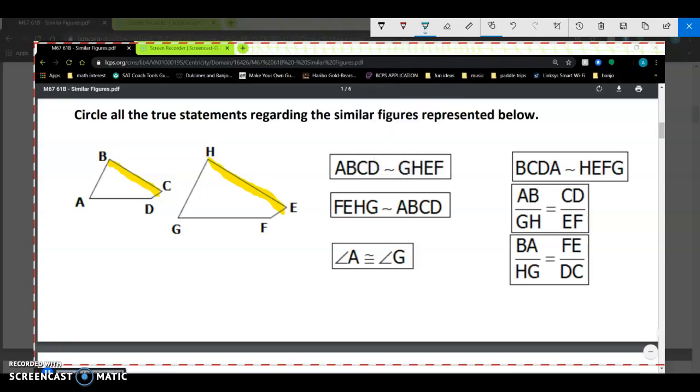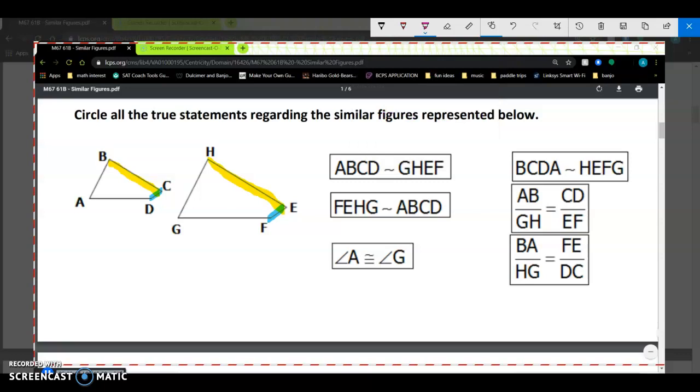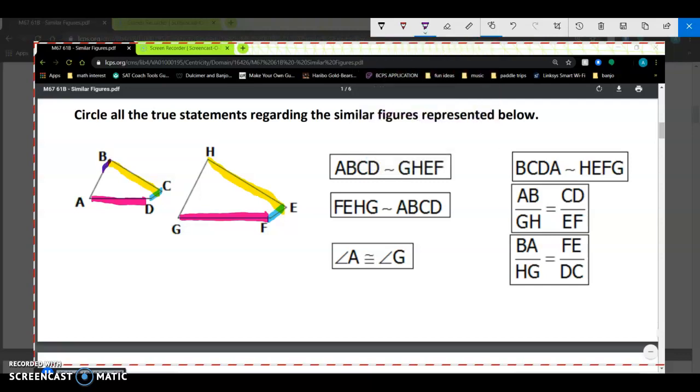The shortest side here would be CD and EF. Normally that's enough information, but I'm going to find another piece. I'm going to look for the second longest side. That appears to be AD and GF. And then lastly, we have AB and HG.